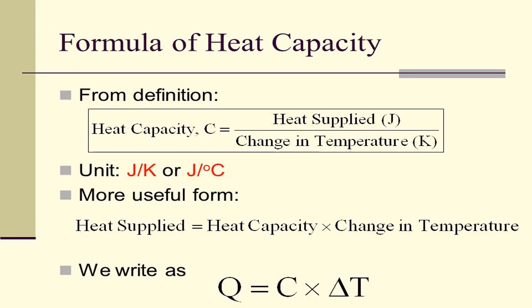Now, just now I said in the introduction that heat transferred or heat supplied is equal to a constant into delta T. So heat Q is equal to constant C into delta T. You can take this as a small q or a capital Q; normally small q is taken here. So q equals C into delta T. What is this C? This is the heat capacity. Delta T is how much rise there is, the change in temperature. And q is the heat supplied or heat transferred.